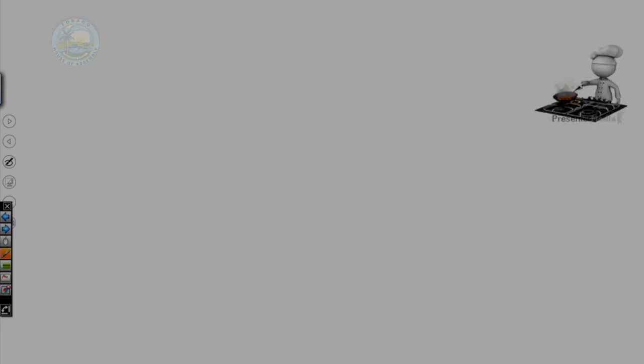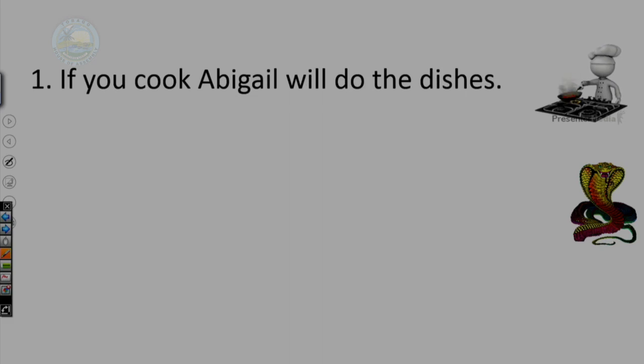Let's see what is happening here. Another obstacle on the way. Let's see what it says. Let's keep looking. This sentence says, if you cook, Abigail will do the dishes. Why would a person want to cook Abigail?